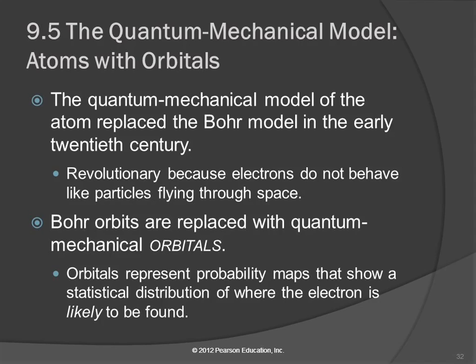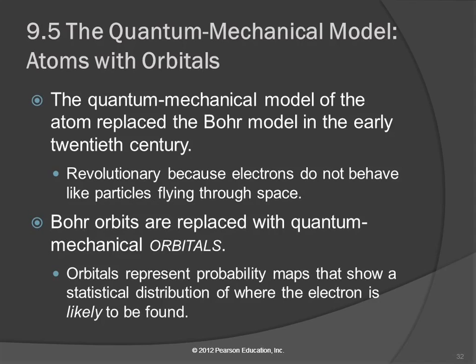And this is a very revolutionary model because it states that electrons do not act like particles flying through space. If you've heard anything about Einstein and his theory of relativity, you know that when you take things to an extreme, either extremely large, extremely small, or extremely fast, things get kind of weird.